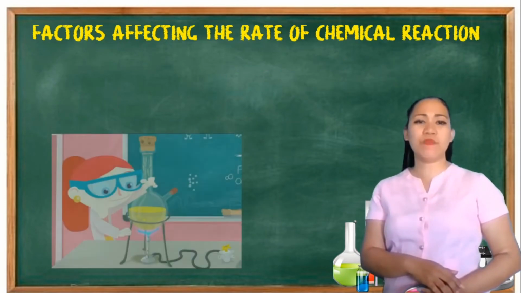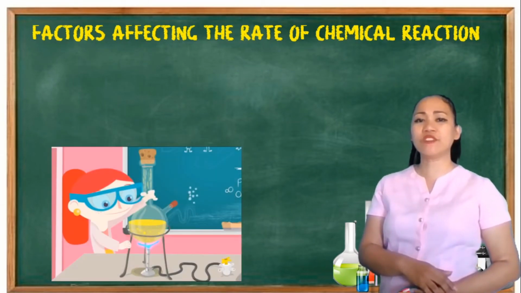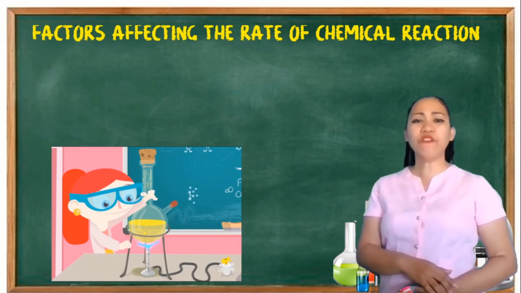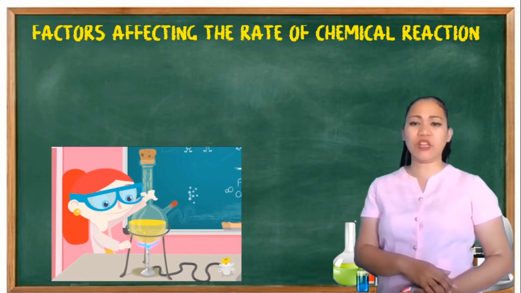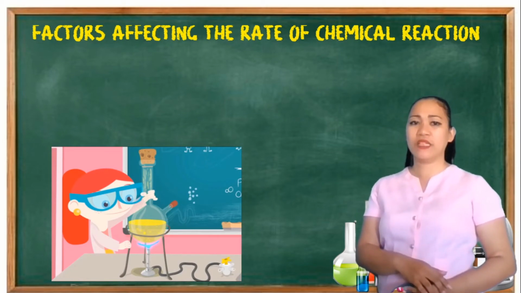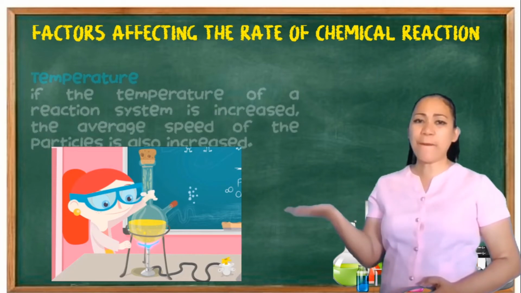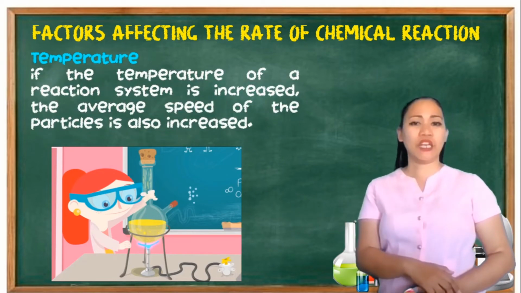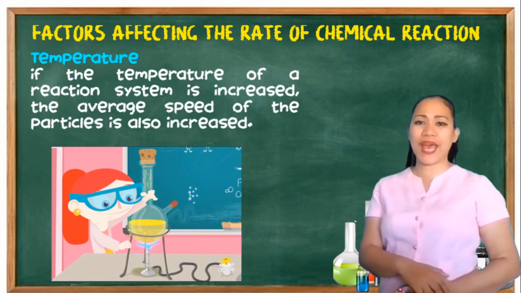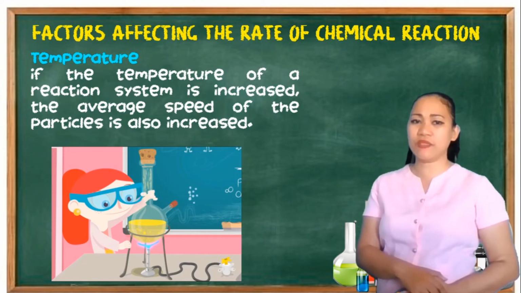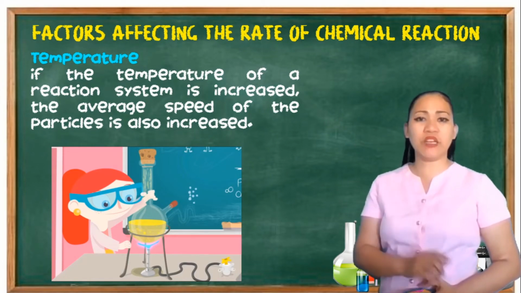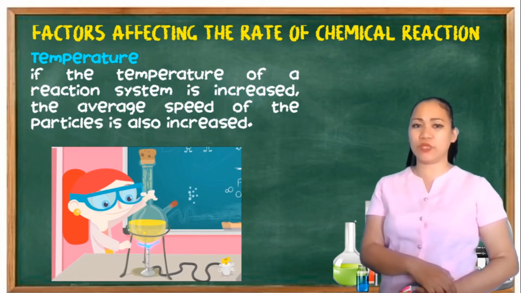How can we make the reaction fast or slow? There are factors affecting the rate of chemical reaction. These are temperature. If the temperature of the reaction system is increased, the average speed of the particles is also increased.